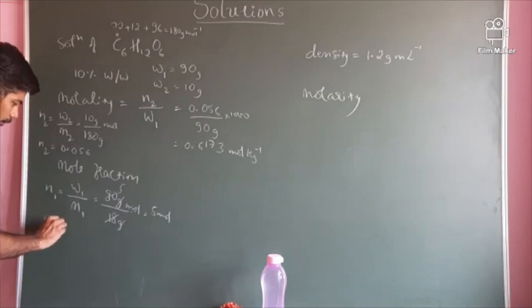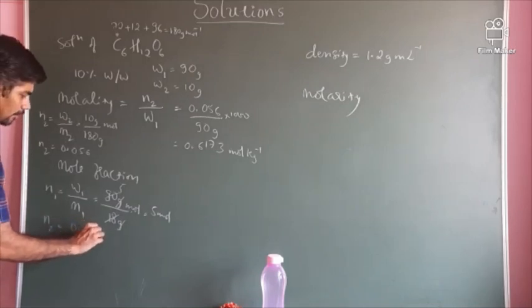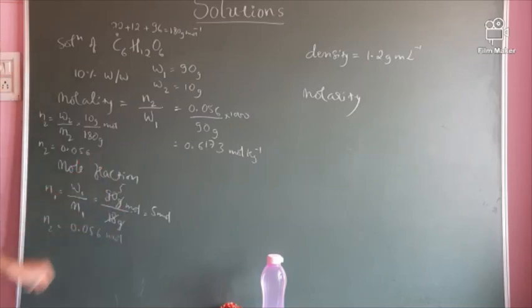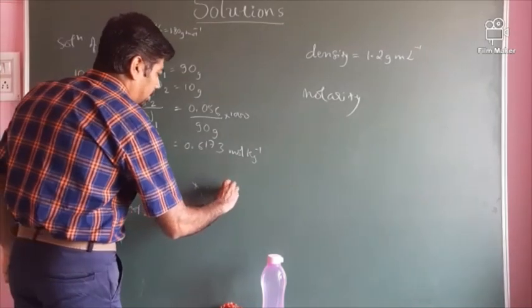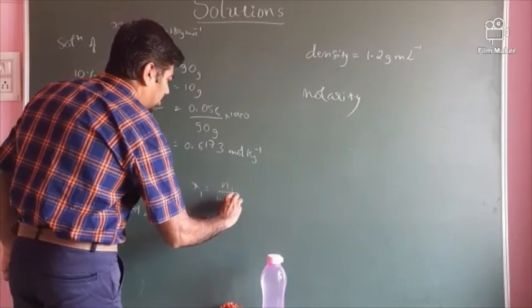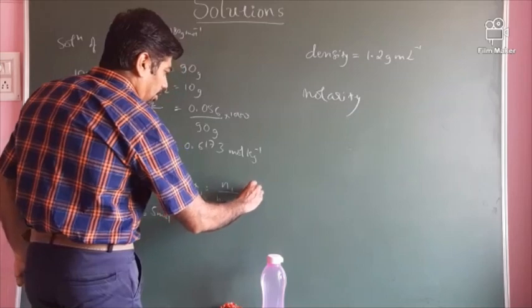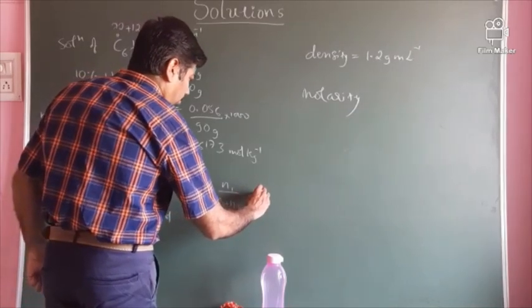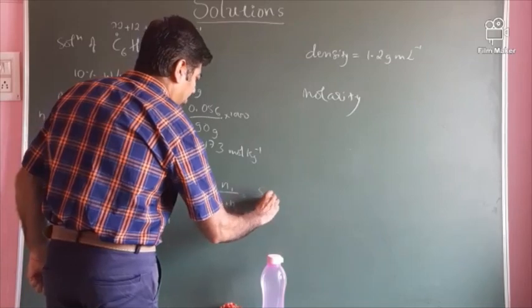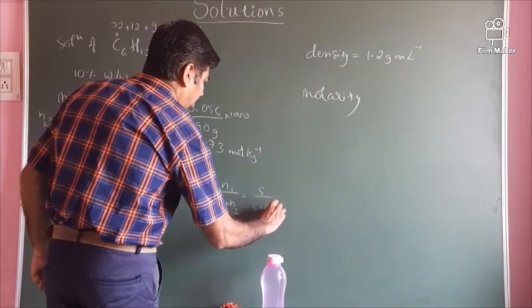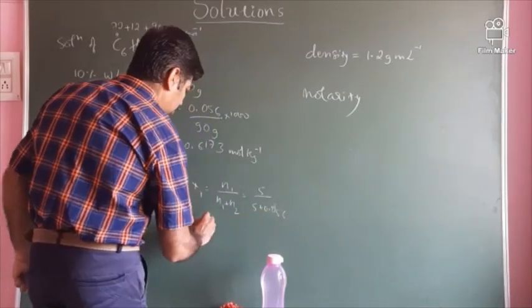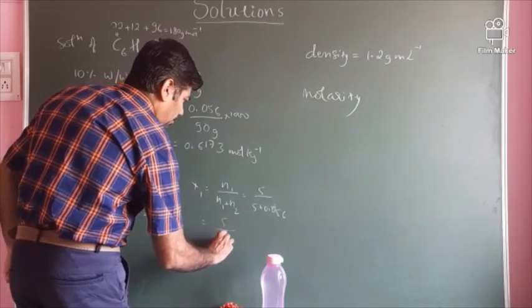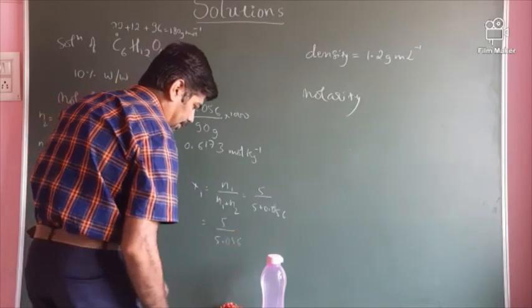And you already know N2. N2 is 0.056 moles. Now to calculate the mole fraction of one component, that is X1, we take N1 divided by N1 plus N2, that is nothing but 5 divided by 5 plus 0.056, so that comes to 5 by 5.056.